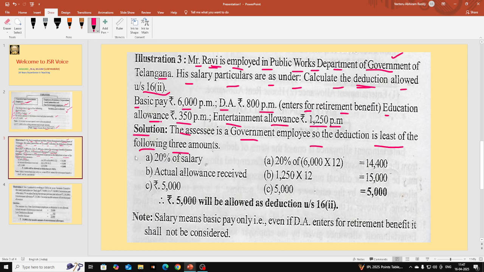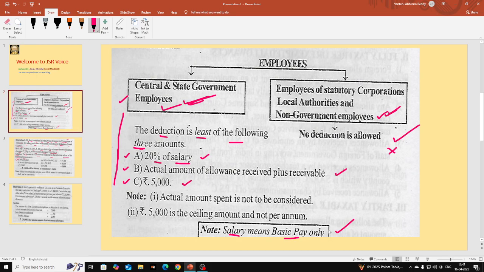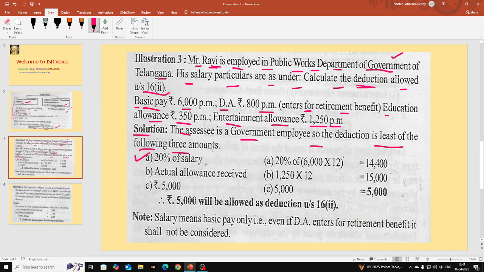First one is 20% of salary. Salary means basic pay only. So we should take only basic pay from the question. What is the basic pay here? It is 6,000 per month. You should take it for 1 year, students, always.